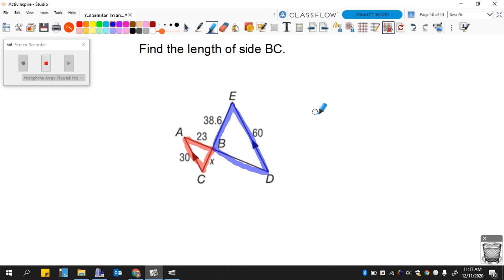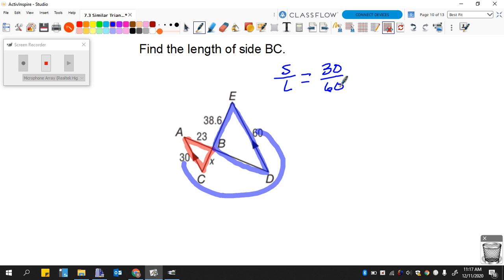So the easy one to make the connection here is the 30 and the 60. I'm going to do small over large, S over L, is equal to 30 over 60 is equal to, here the x is on the small one, so we're going to do x over 38.6.